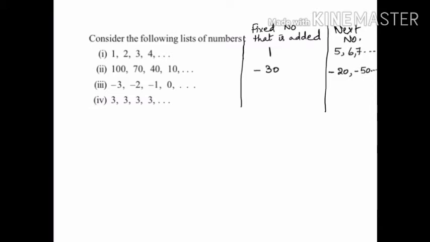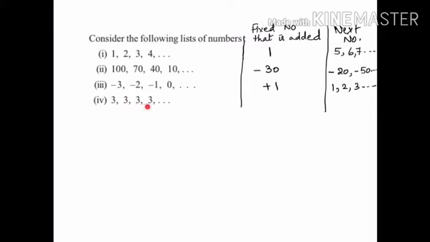Look at the third list of numbers. Minus 3, minus 2, minus 1, 0. So we are adding 1 to the previous number. So the next number will be 1, 2, 3, and so on.